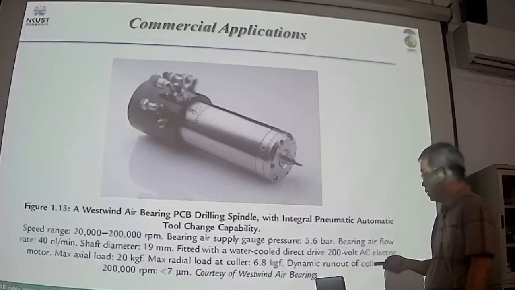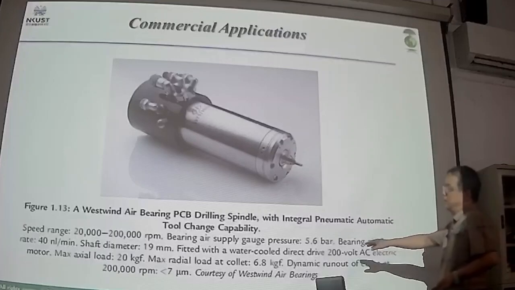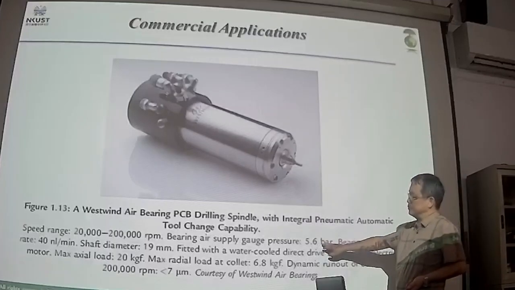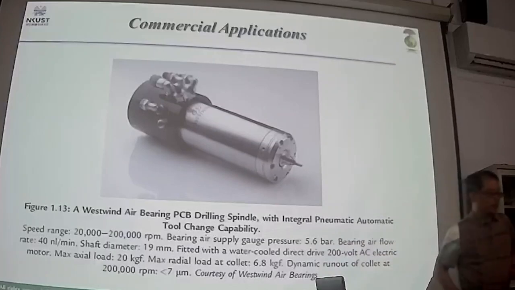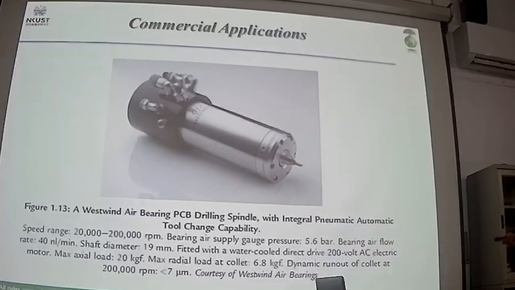So if you look at the website from this company, now for the latest product, the speed range can be raised to 500,000 RPM. And this is the typical for the air bearing. Supply pressure will be smaller than 6 bar. In this case, it's 5.6 bar.